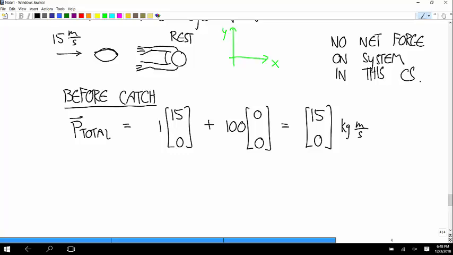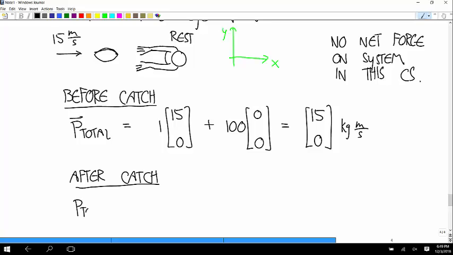And now after the catch, well, now they both have the same velocity. So the easiest way to think of it is let's just treat it like it's all one system with one velocity.